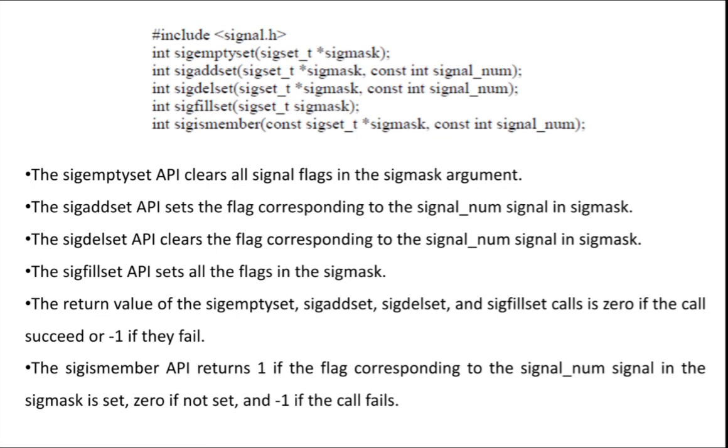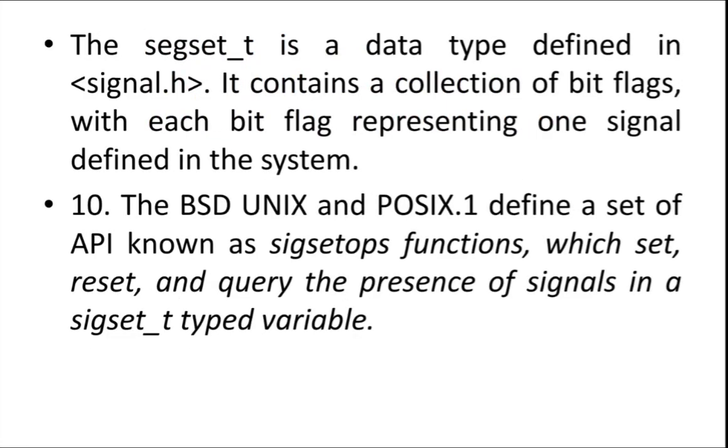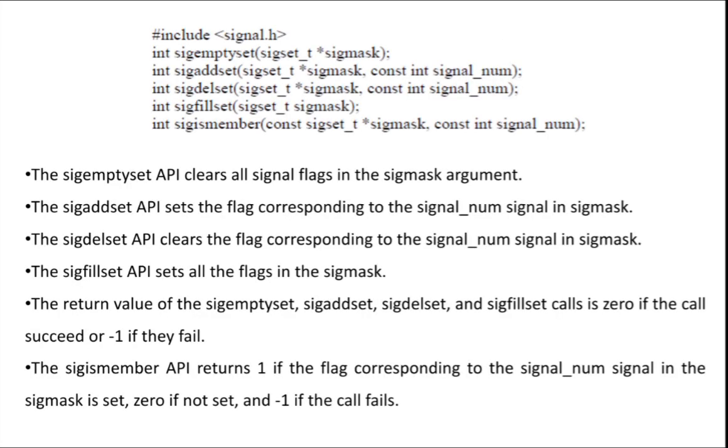It is going to delete all the signal related information in the signal mask. I am using a variable of type sigset, which I discussed earlier, where you can reset, query, and do all those things.